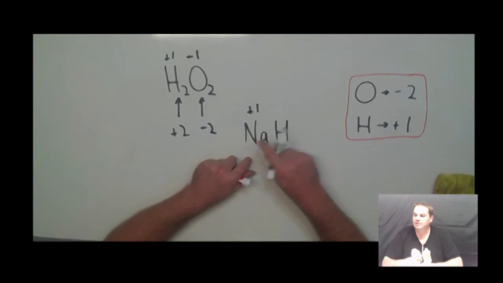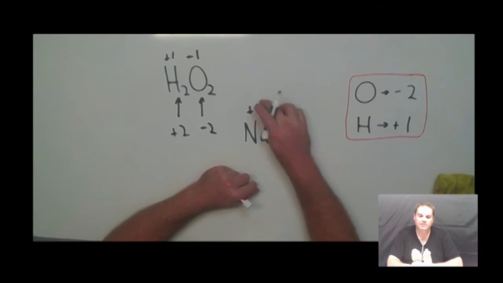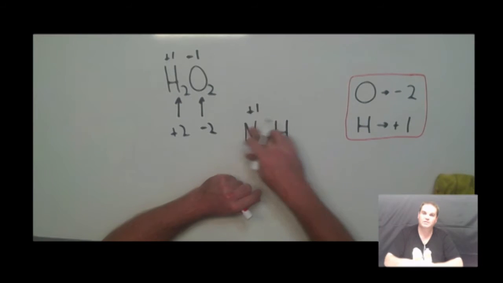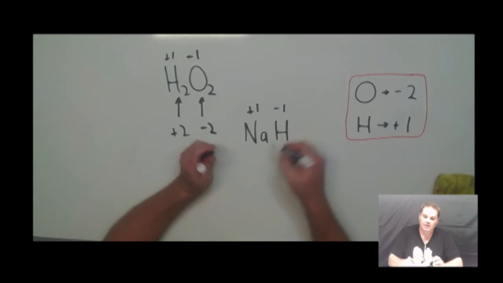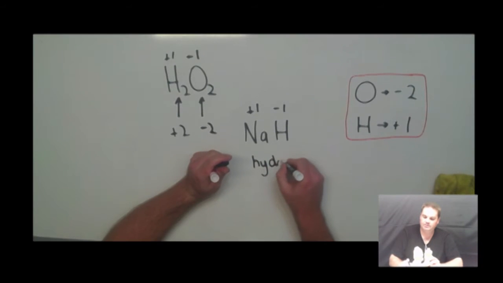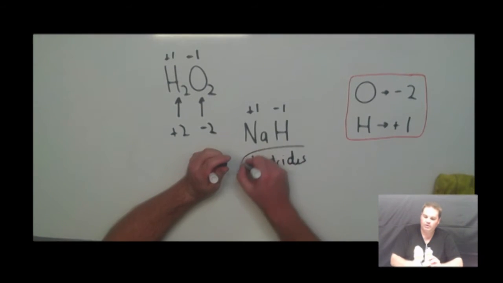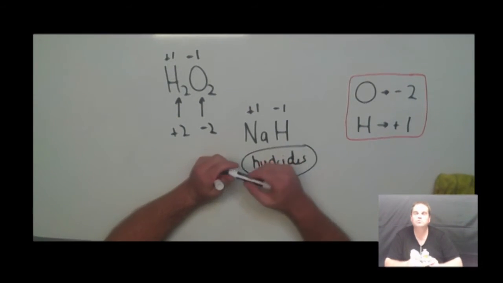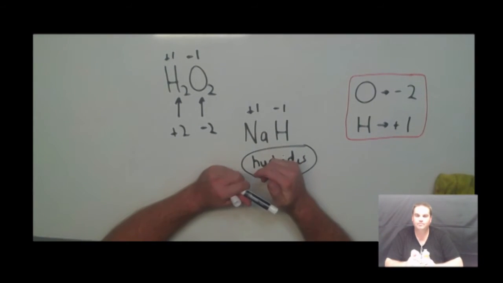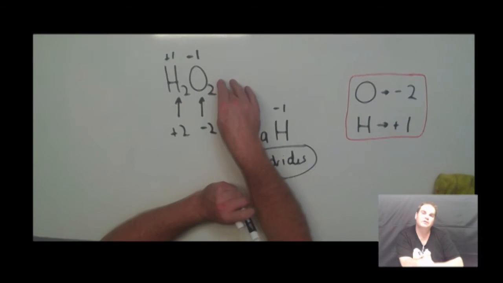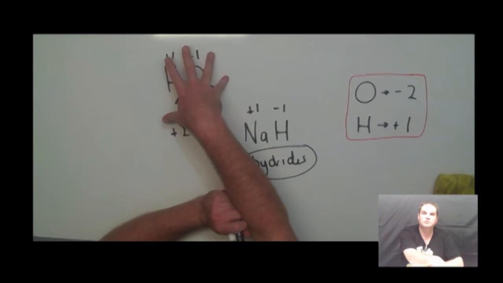So in this case here, if the hydrogen was +1, +1 and +1 will give us overall +2, but this has no charge. So the hydrogen here must be -1. These are called hydrides. So they are the only time you will get a hydrogen with an oxidation number that is something other than +1 if you combine it with a metal. And the only time you get oxygen with something other than a -2 is when it's hydrogen peroxide, and it'll be -1.